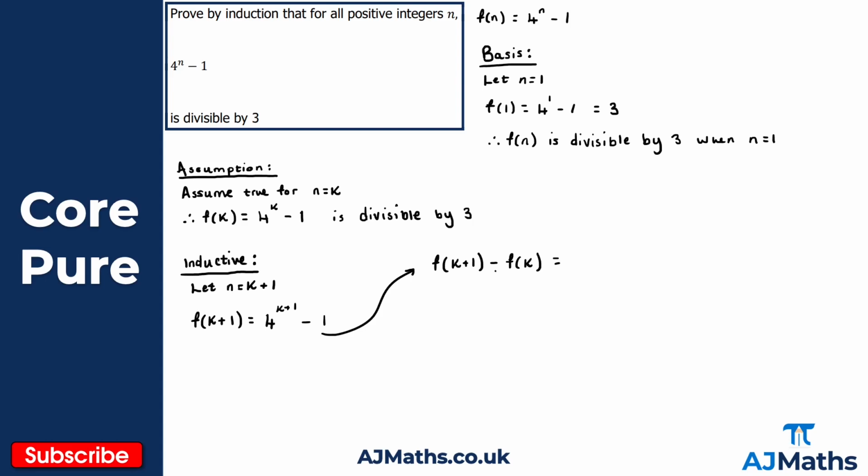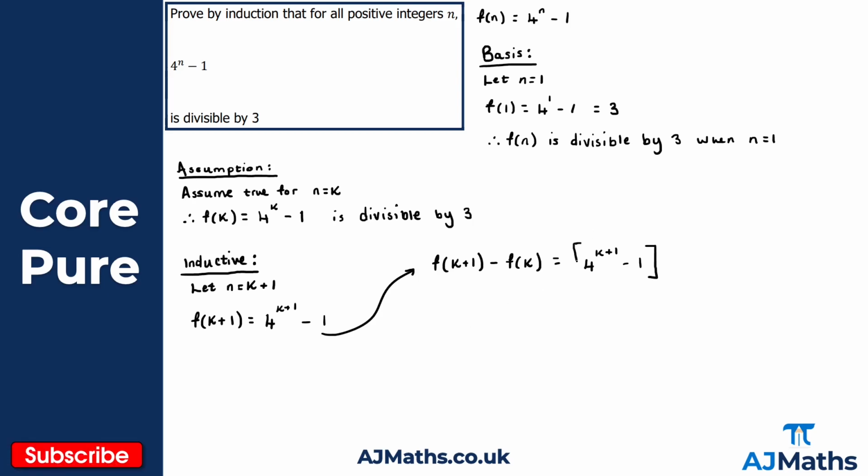Okay, now we have expressions here for f of k plus 1 and f of k, so let me just replace those then. So f of k plus 1, I'll do these in square brackets just to make sure it's clear. I've got 4 to the power of k plus 1 minus 1. So that's my first square bracket there. This one is a little bit unneat, let me just redo that so it's a little bit neater.